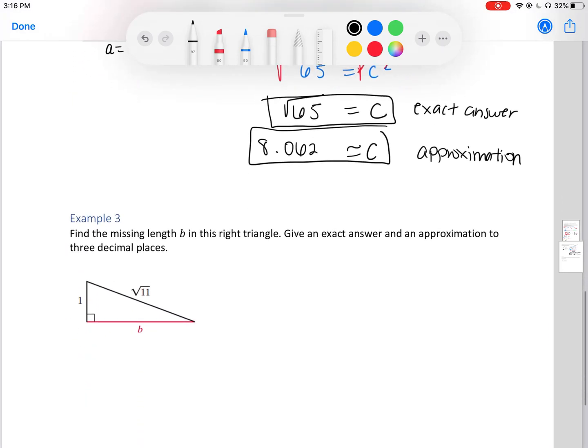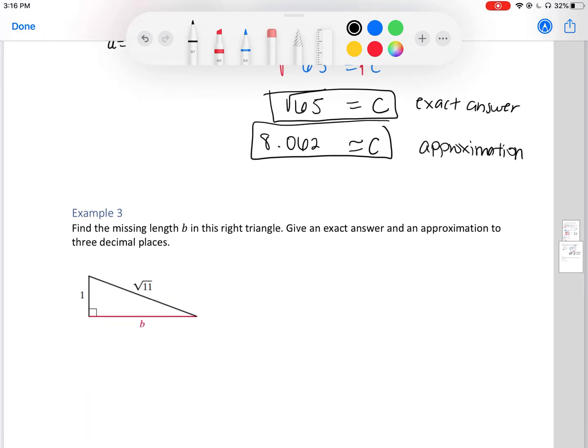All right, let's do example 3. Find the missing length b in this right triangle. Give an exact answer and an approximation to 3 decimal places. Because we have a right triangle, we use our Pythagorean theorem. A squared plus b squared is equal to c squared.